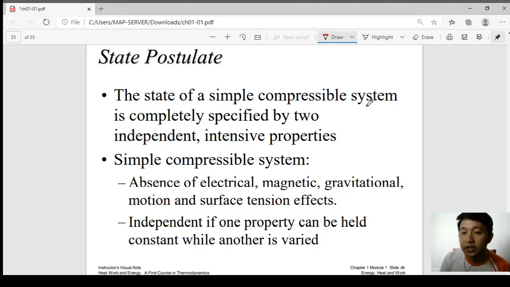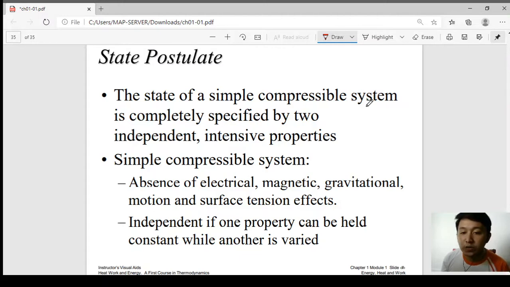It is another term for a single phase system, where the system is, for example, all gas or all liquid, a piston with only gas or a piston with only water, as in fluid mechanics. A two-phase system would be a piston with both gas and liquid. Anyway, back to the simple compressible system. In a simple compressible system, it is specified by only two independent intensive properties.